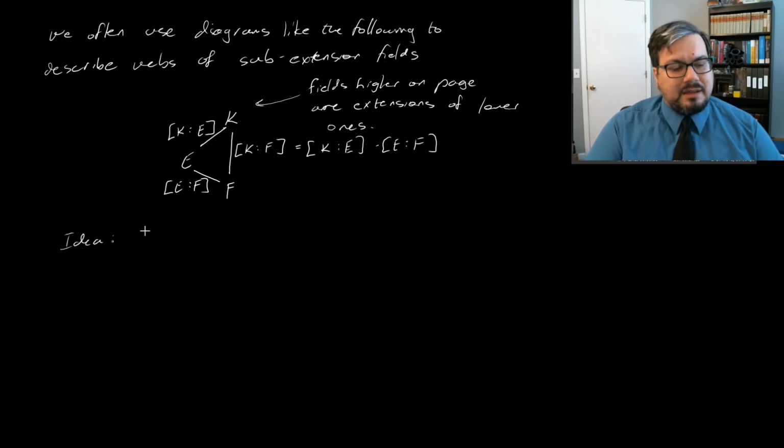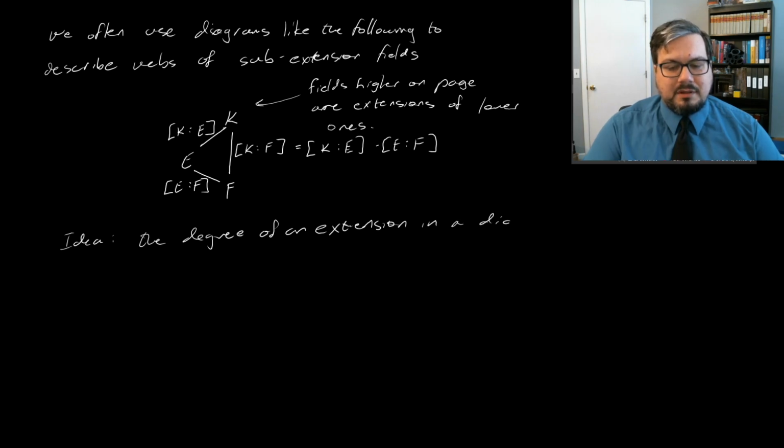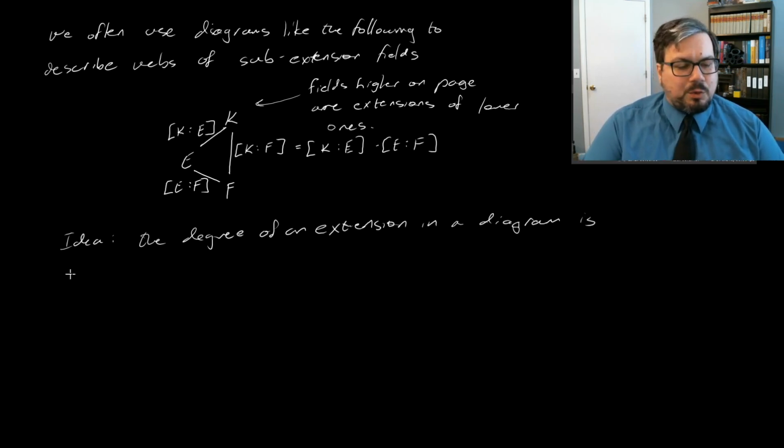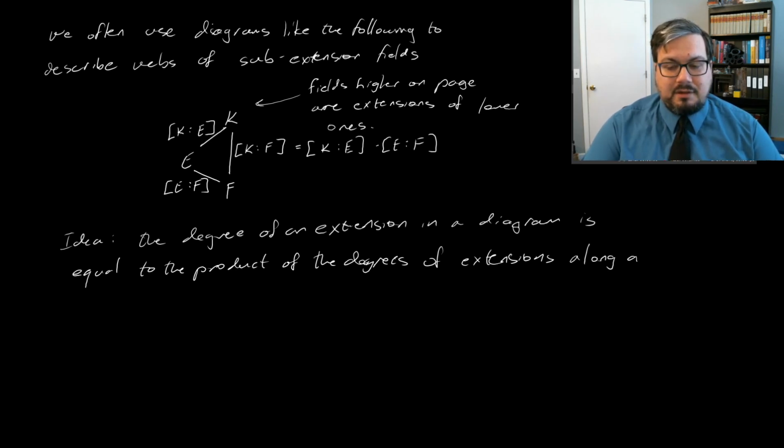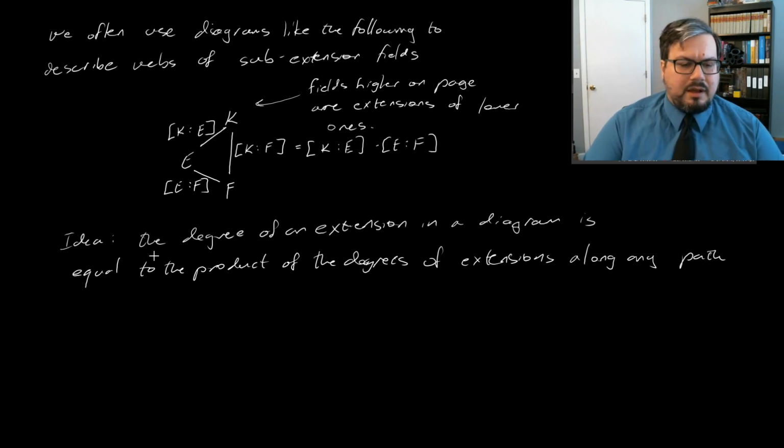So the idea is that the degree of an extension in one of these diagrams is equal to the product of the degrees of the extensions along any path. Let me make this somewhat more precise.